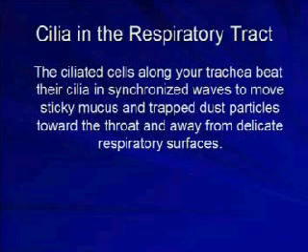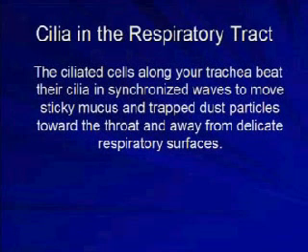Cilia are located in the respiratory tract. Ciliated cells along the trachea beat their cilia in a synchronized way to move sticky mucus and trapped dust particles toward the throat and away from the delicate respiratory surfaces. So along the trachea and some aspects of the upper respiratory tree, a mucus layer and the cilia line the surface epithelial cells.